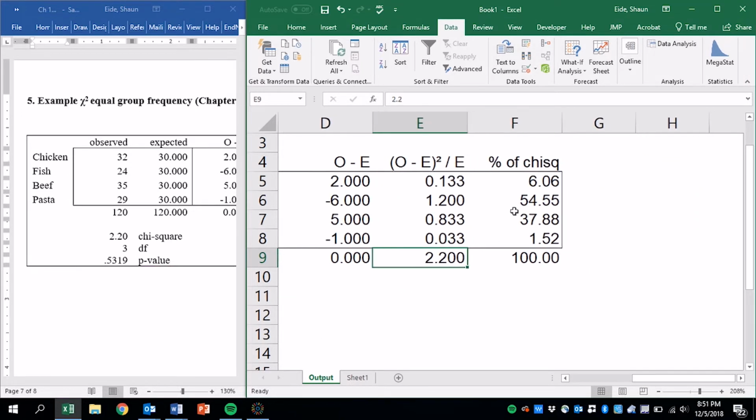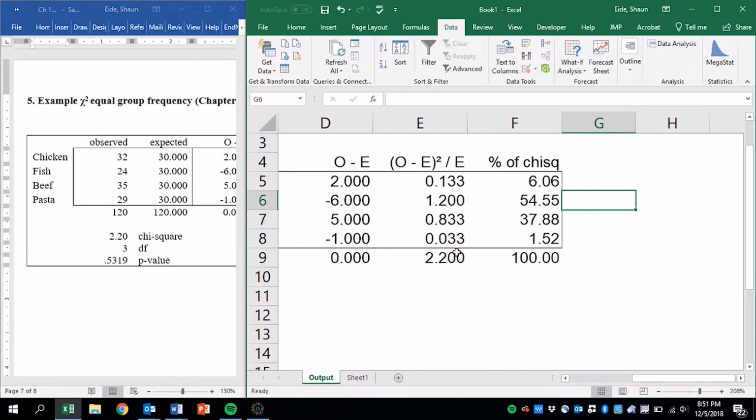If we go one further, you can see the chi-squared score for that category divided by the total chi-squared. 1.2 divided by 2.2 gives you 54.55 percent.